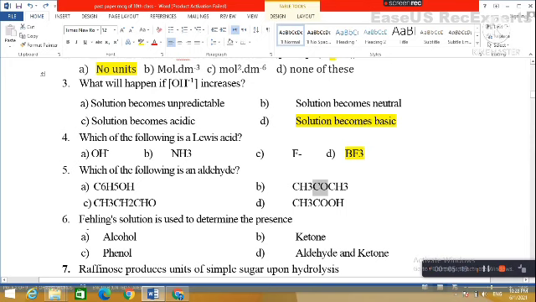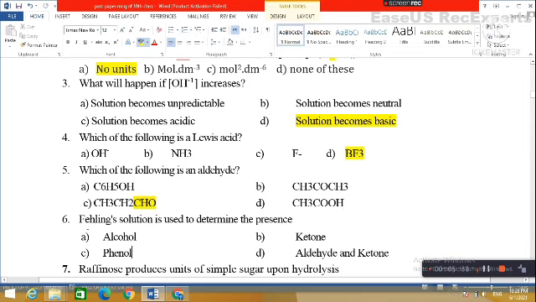Option C is the aldehyde group, CHO. Option D, COOH, which is the carboxylic acid functional group. So option C is correct, which contains the CHO, the aldehyde group.